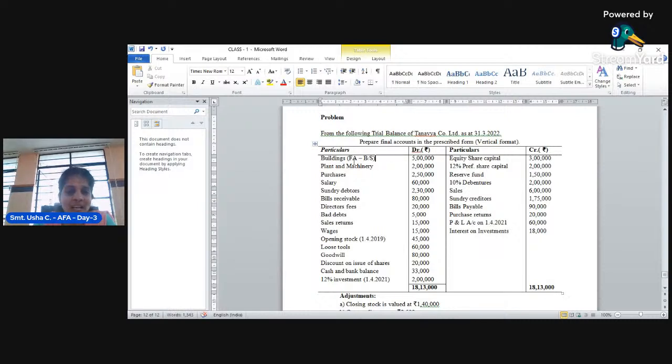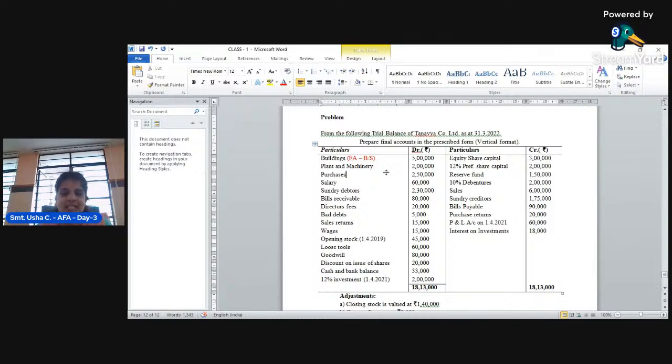The item in the bracket, whatever I am writing here, is just for your understanding purpose; you need not write it there. So you get to know where these items come, whether they are assets or liabilities. If it is an asset, whether it is a long term asset or short term asset. If it is a liability, long term liability or short term liability.